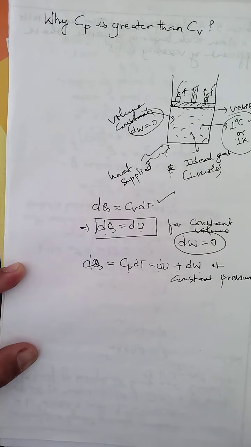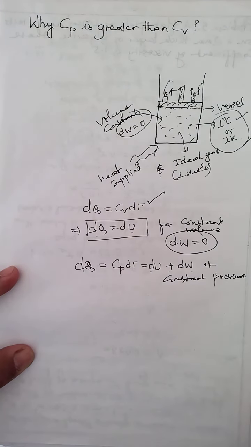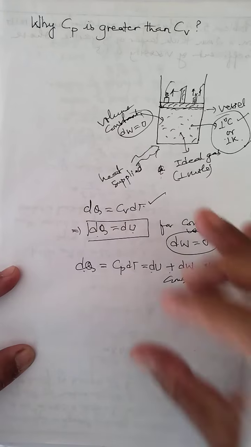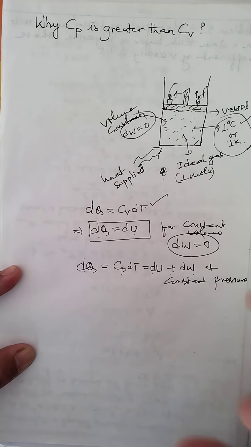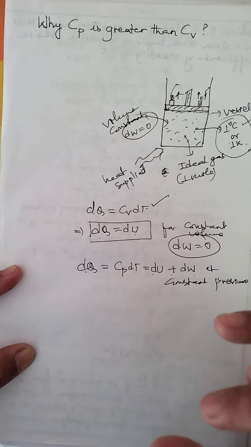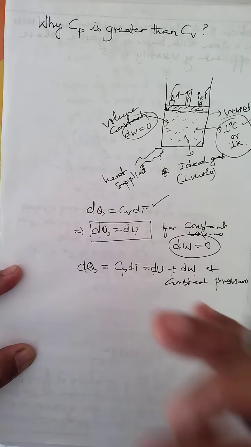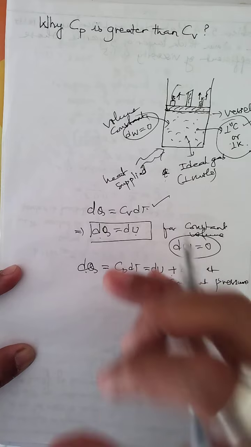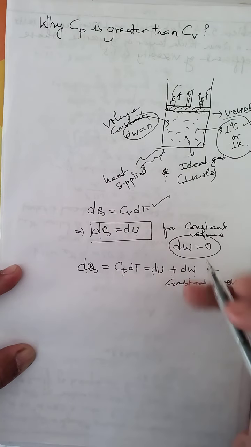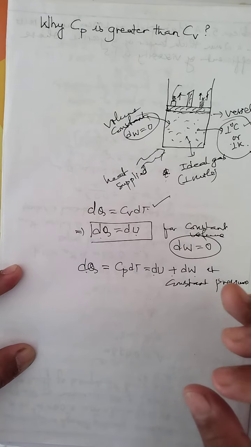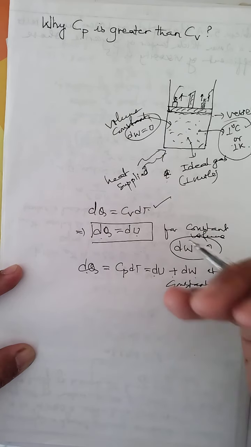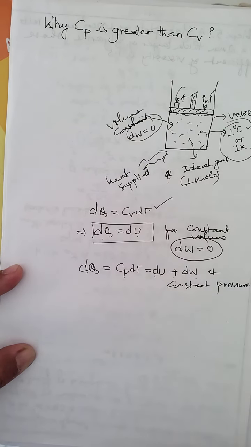So children, one important conclusion I can draw from here is that the heat supplied to the gas at constant pressure to raise the temperature by 1 degree Celsius is greater than the heat given to the gas at constant volume.